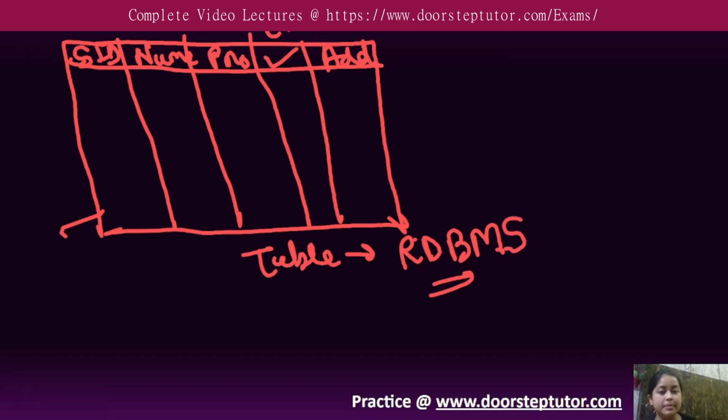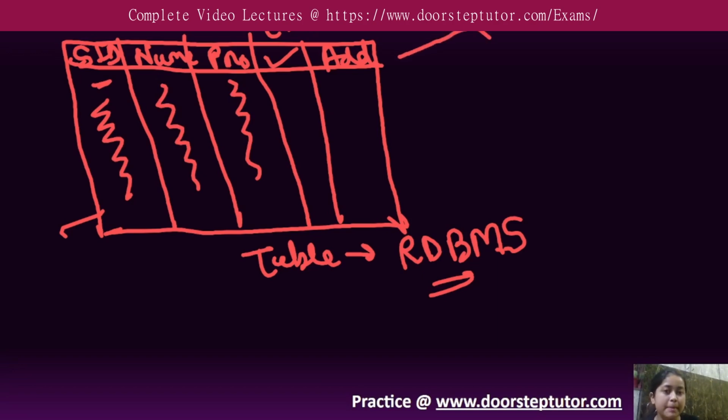Relation means table. There are 5 columns here, and the entries are blank. No entries are mentioned right now. But since we are talking about schema, this is what schema is. Here you are just describing how your database will look. It does not concern the entries or values. It is only concerned with the outer structure, that means how your database is organized and structured. That is your schema.